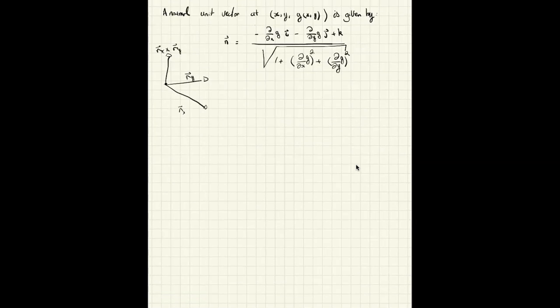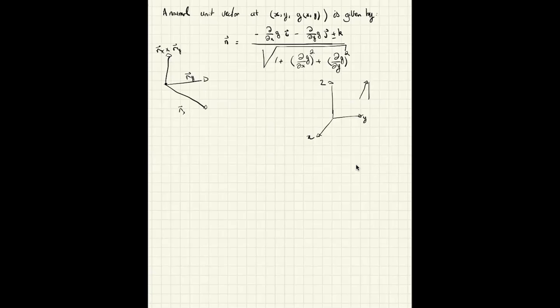And because we are on the x, y plane, and the k component here is positive, you're going to move along the z-axis, so it's always going to be the upward orientation. So there are two choices for n.